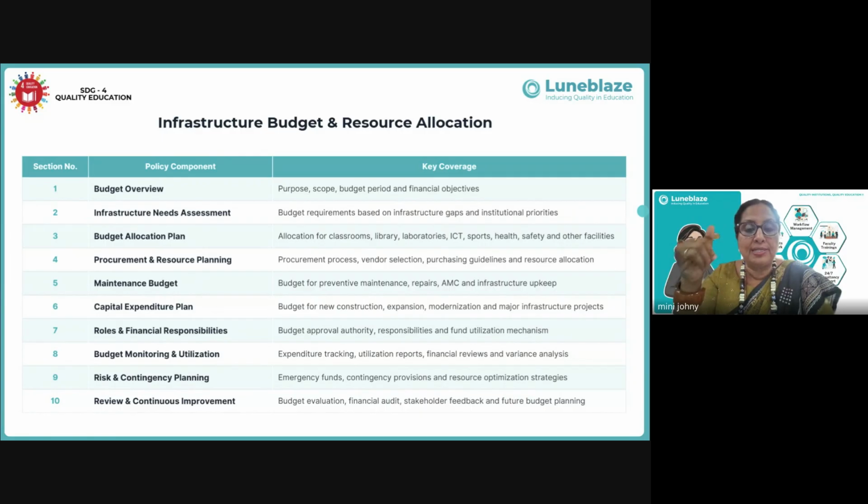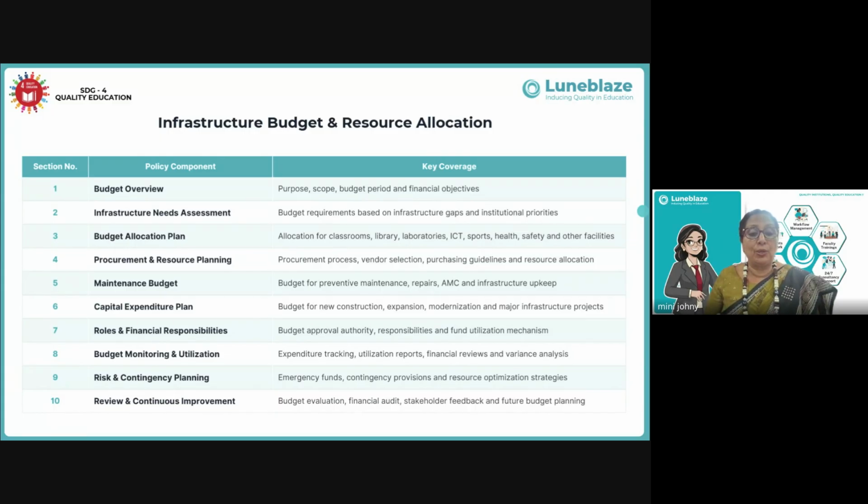Budget for new construction, expansion, modernization, and major infrastructure projects. Roles and financial responsibilities. Who are the people concerned here? Budget approval authority, mostly our management, responsibilities, and fund utilization mechanism. What fund is approved, that should be utilized very wisely.